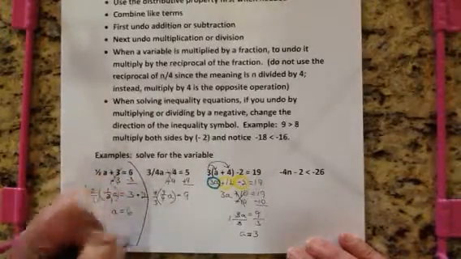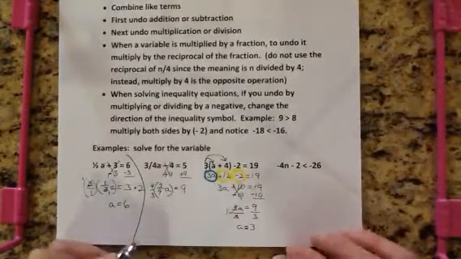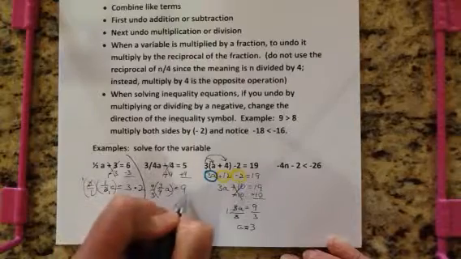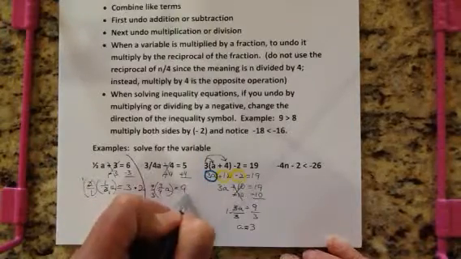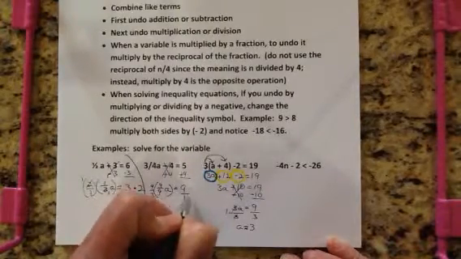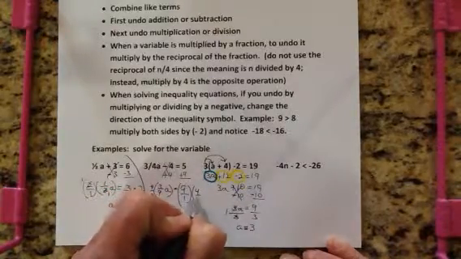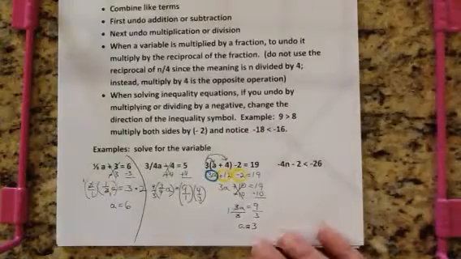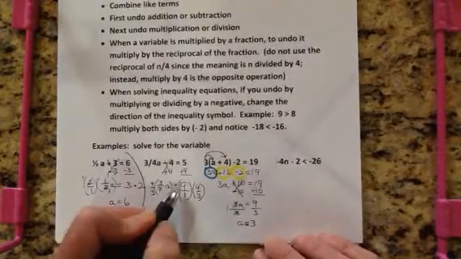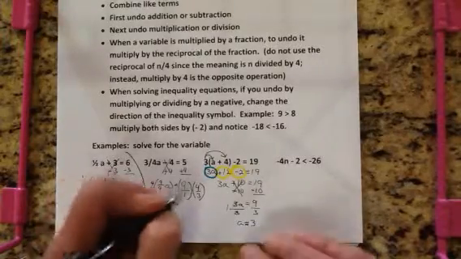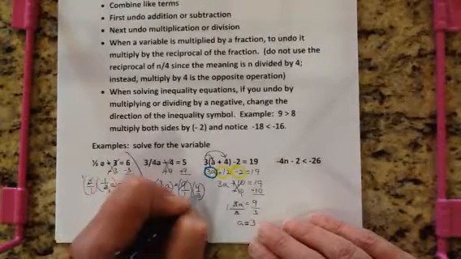Let me just put a line there so I know that's not a part of it. Well, what do I do over here? 4/3. I'm going to put that over a 1. Okay, and by putting it over a 1, now it's in a form that works better with a fraction. And I can cross cancel here.